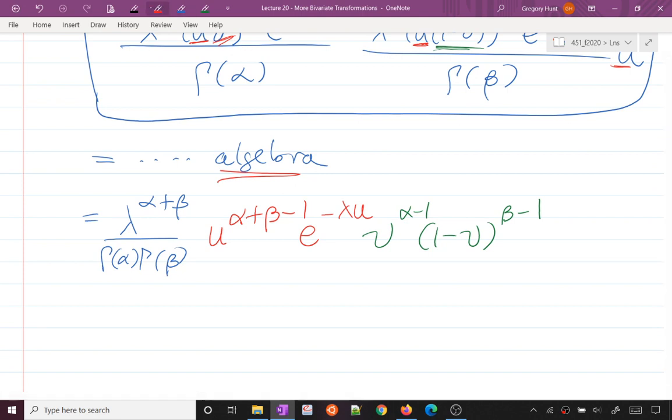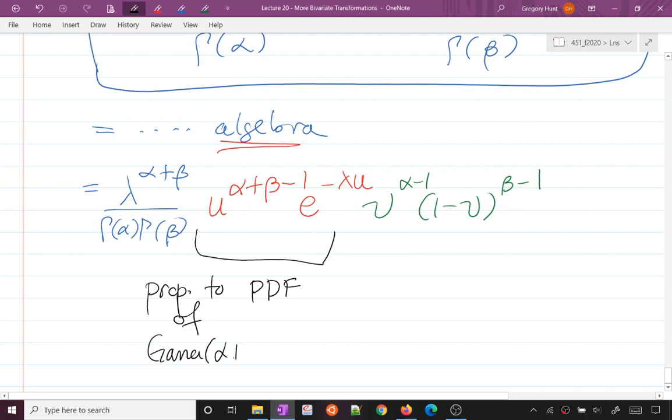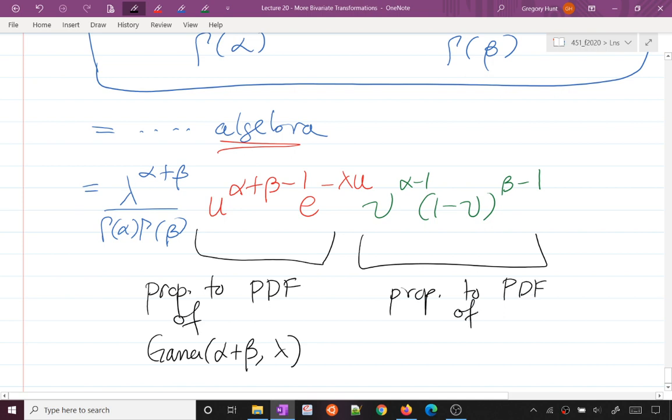So these might look kind of familiar. This is proportional to the PDF of a gamma with parameters alpha plus beta, lambda. And this is proportional to the PDF of a beta distribution with parameters alpha and beta.